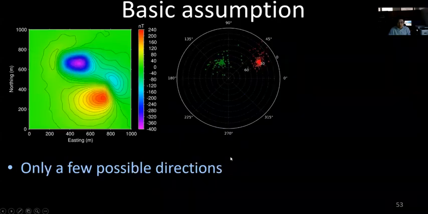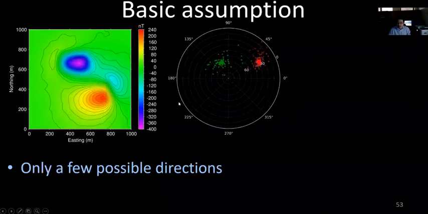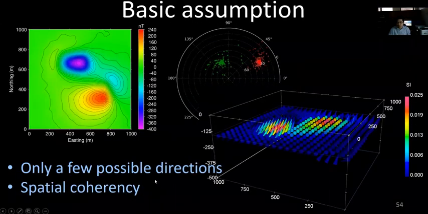To do that, we make a basic assumption: in the area of interest, there are only a few possible magnetizing directions. For example, in this case, there are only two directions instead of many directions in this polar plot. In addition to that, we also assume spatial coherence among the recovered magnetizing directions.